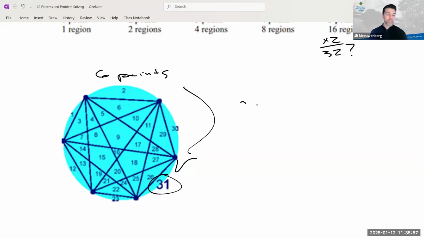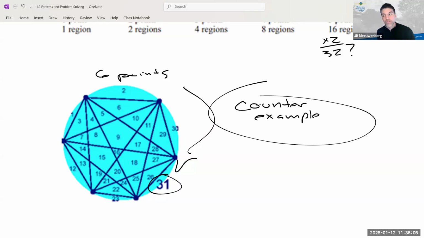What we just found is called a counterexample. And if you use inductive reasoning to draw some sort of conclusion, an informed guess about something, it only takes one counterexample to undo it.